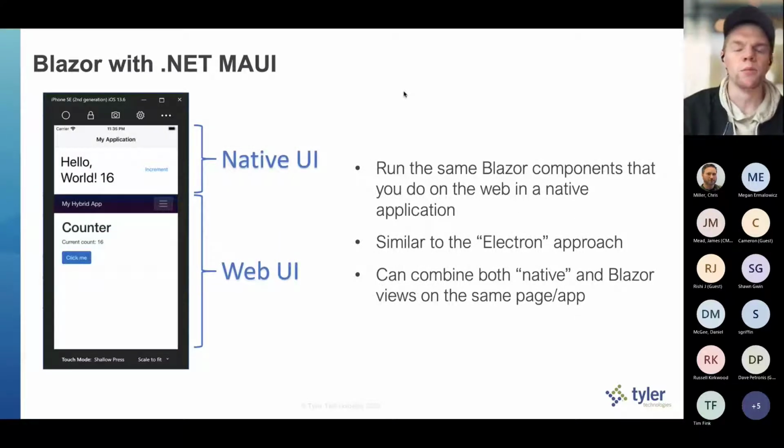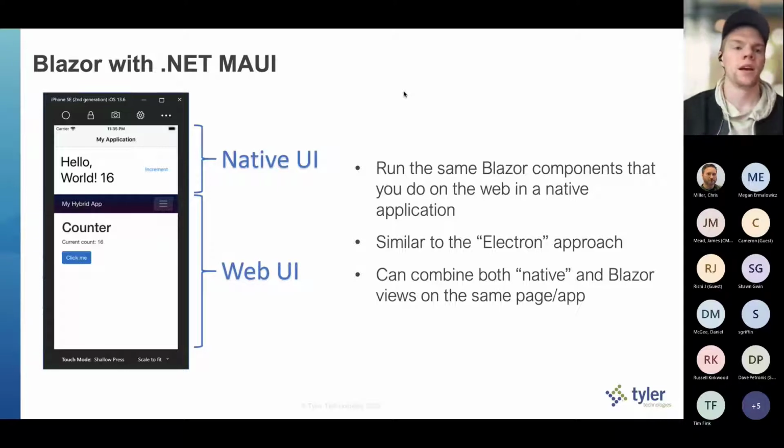And then this is new, Blazor with .NET MAUI. I haven't gotten too much into this. I had an app that worked and just to play around with it, but I'm excited for everything I've been seeing. So you can run the same Blazor components that you do on the web in a native application, as I talked about, similar to the Electron approach. And you can actually combine native and Blazor views.